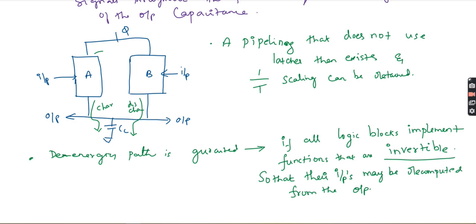So it is possible to assemble a fully adiabatic pipeline by constructing all the logic stages like this. It's possible. Fully means all the logic stages have to be built in this way, this circuit. Then it is possible to assemble a fully adiabatic pipeline.